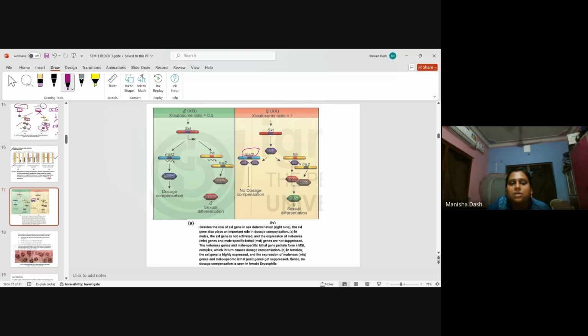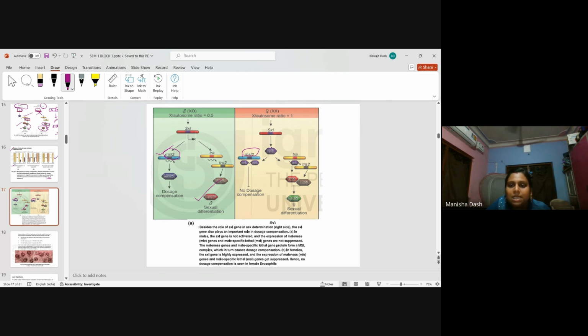In case of males, since the SXL is not produced, there will be sexual differentiation of the male sex organs. But due to absence of the SXL, the MSL2 will be activated, and this will promote dosage compensation. That means it will help in increasing the expression of the single X chromosome present in the male.